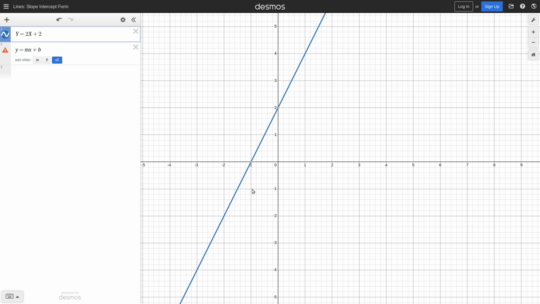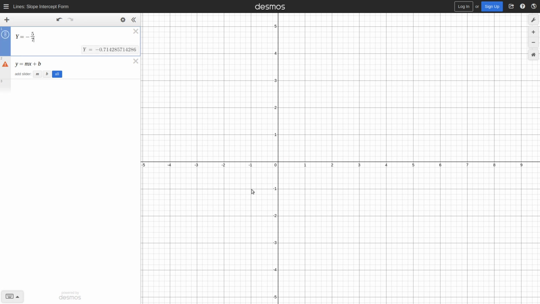Alright, now let's make another one. Let's make a little tricky one. Y equals negative 5 over negative 4 over 6 plus 8. Oh, I forgot to add the x.